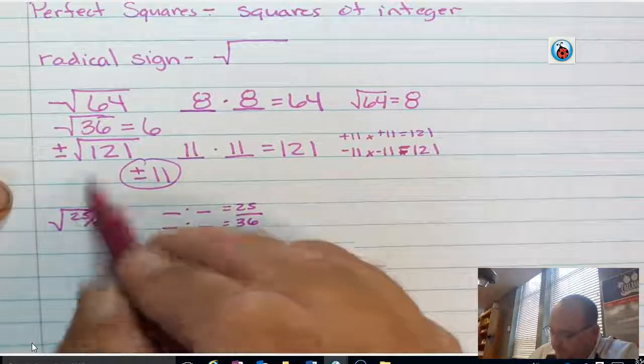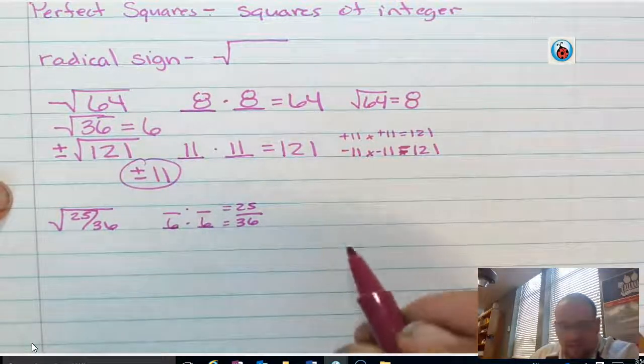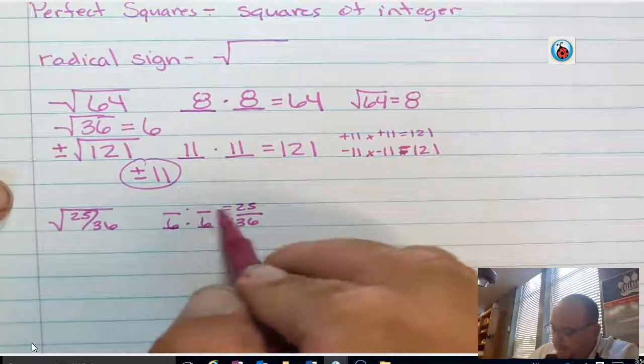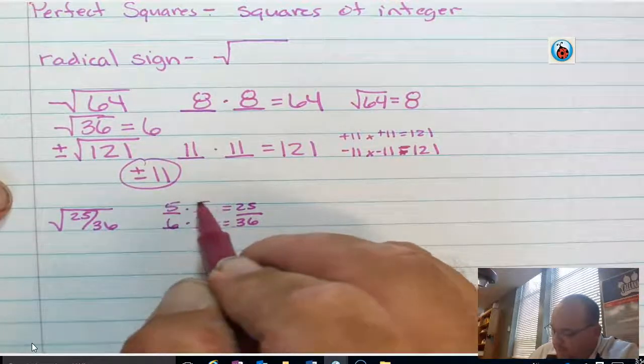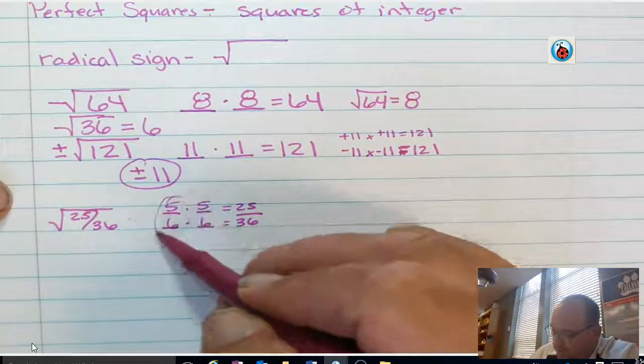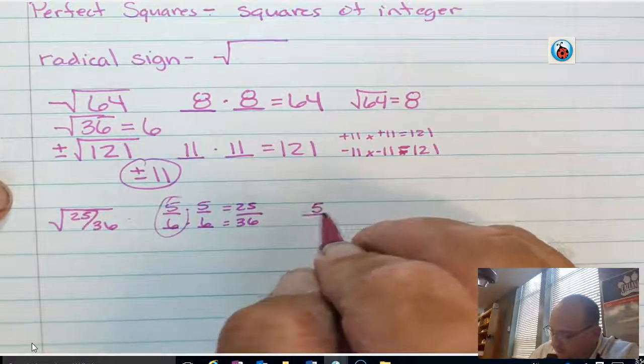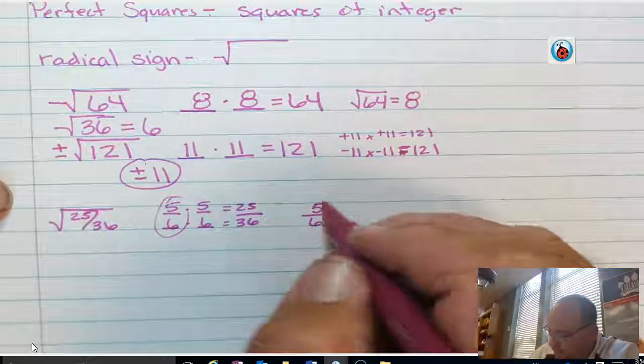Well, we've already done 36 right up here, so we know that that's 6, because 6 times 6 gives me 36. Hopefully you know that 5 times 5 will give you 25. So because these are your two equal factors, 5 over 6, that's your answer.